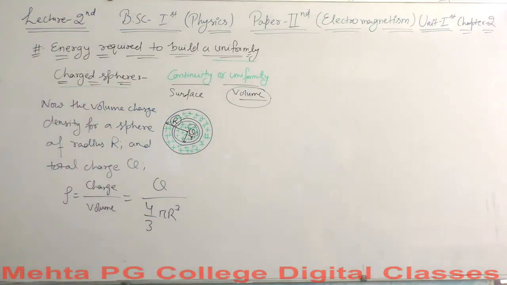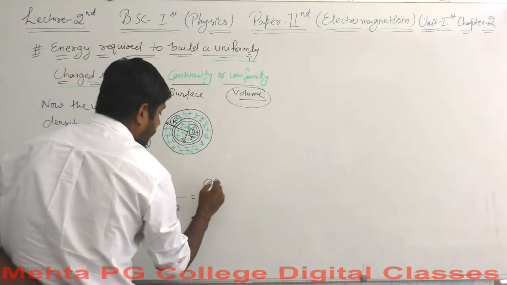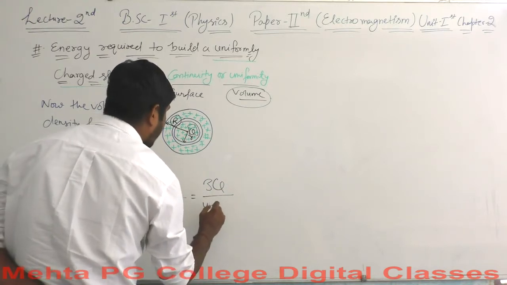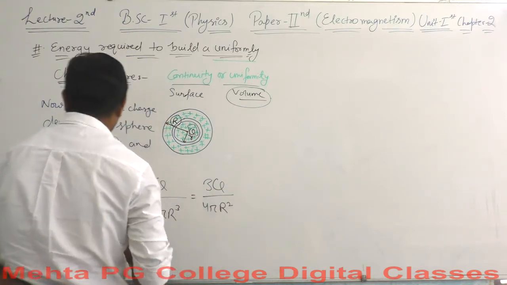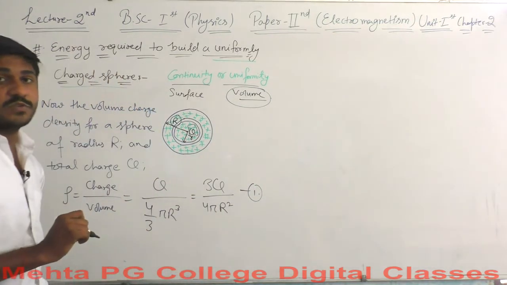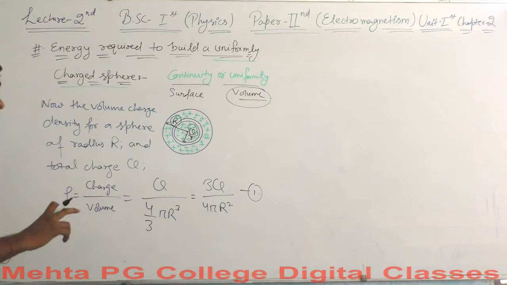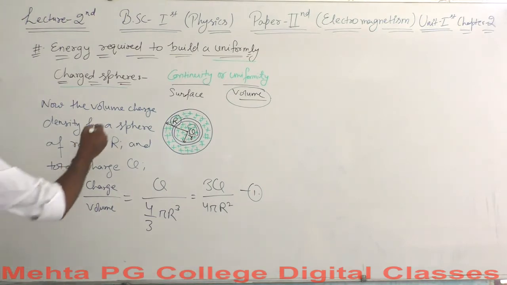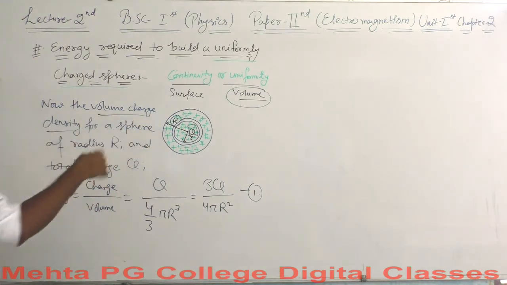So rho equals Q over 4 by 3 pi R cube, which can be written as 3Q over 4 pi R cube, and this is equation 1. Okay, so we have found the volume charge density here. This is the volume charge density rho.